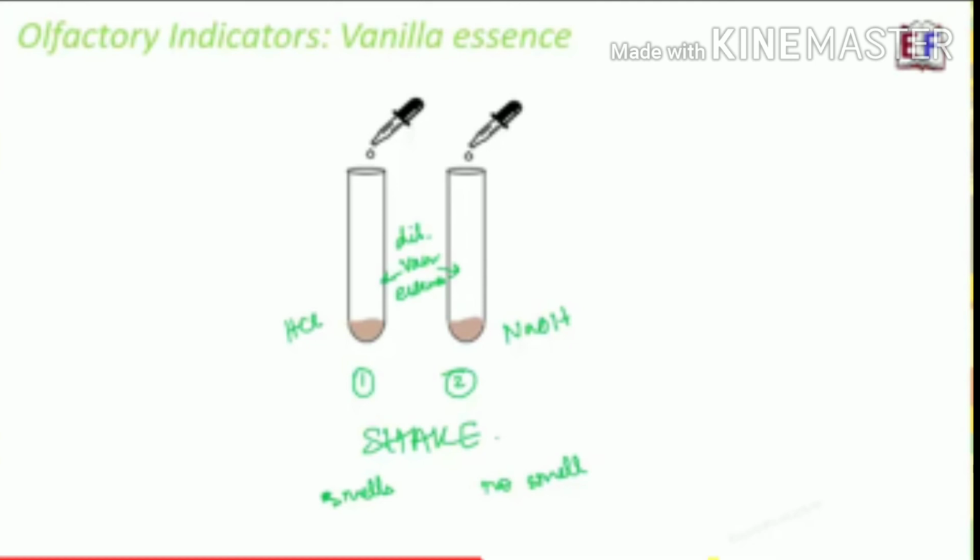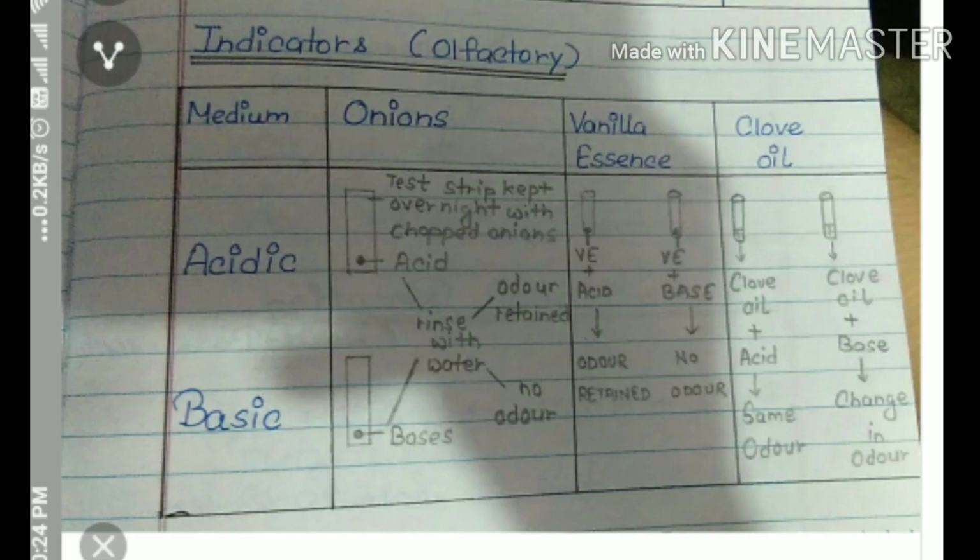It is found that test tube 1, in which you had added hydrochloric acid, still smells of vanilla. And the second test tube, in which you had added sodium hydroxide, does not smell. In the same way, you can do an experiment with clove oil.